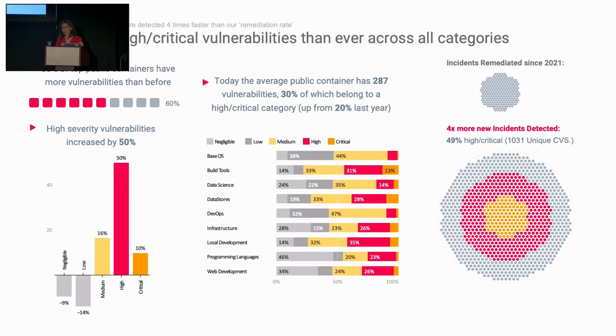The number of critical and high vulnerabilities has increased by 50% last year for these containers. So today, the average container has almost 300 vulnerabilities, 30% of which belong to a high or critical category, up from 20% last year. And we thought 20% was too high.